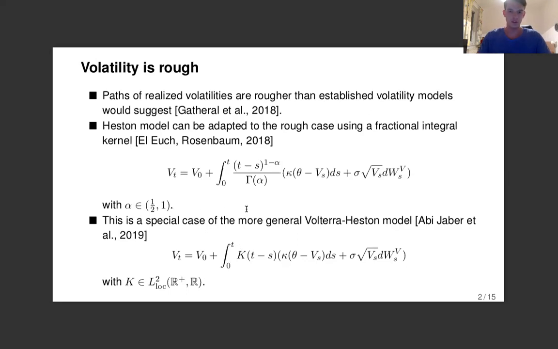Here the kernel has been chosen as t to the power of 1 minus alpha over the gamma function of alpha, for a parameter alpha between 1/2 and 1. So basically, if alpha equals 1, we recover the classical Heston model.